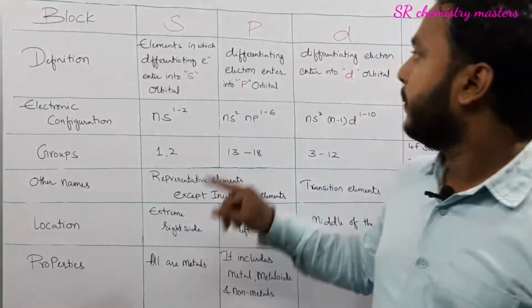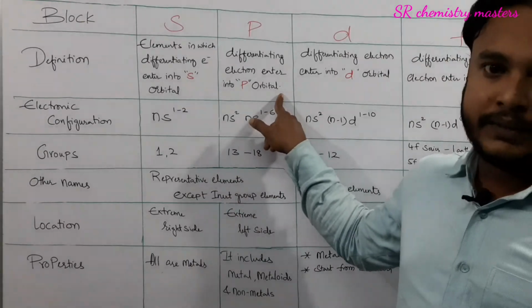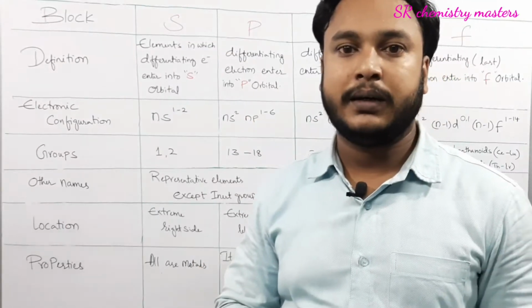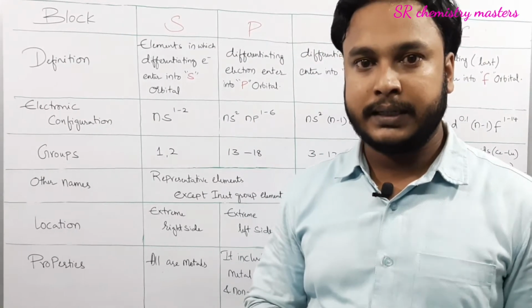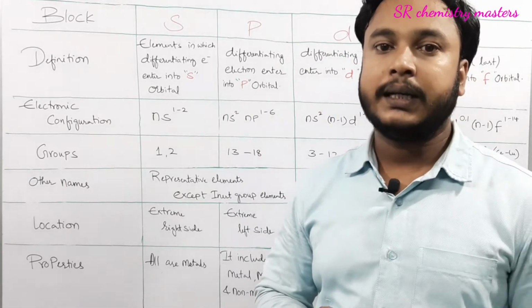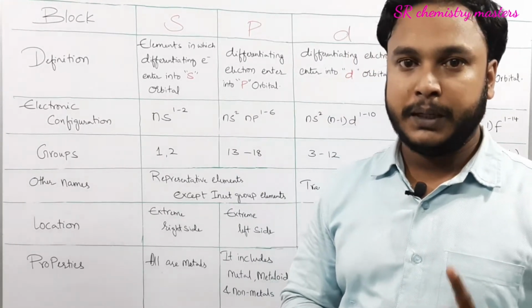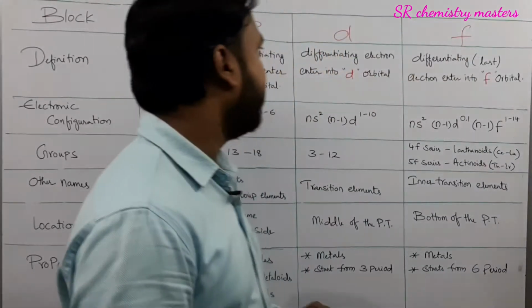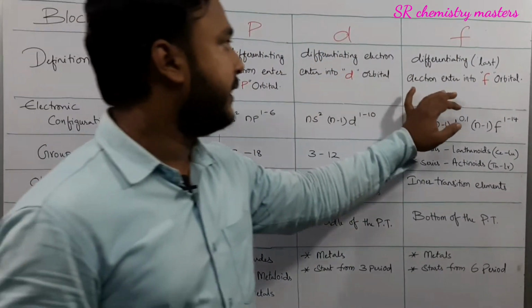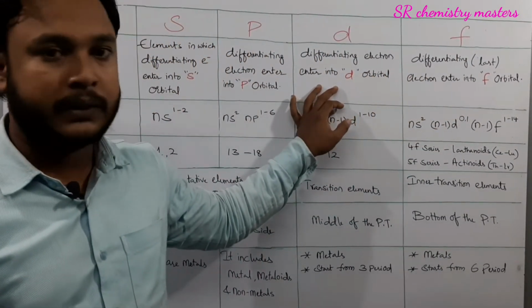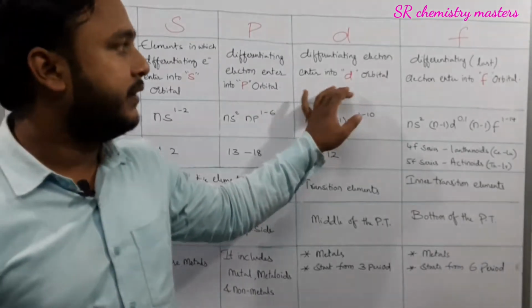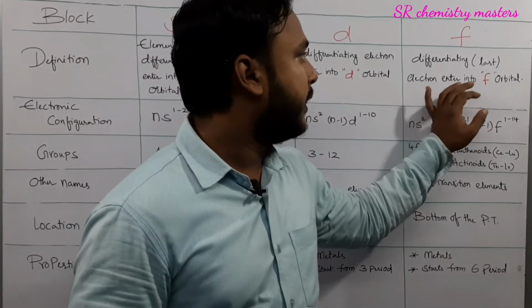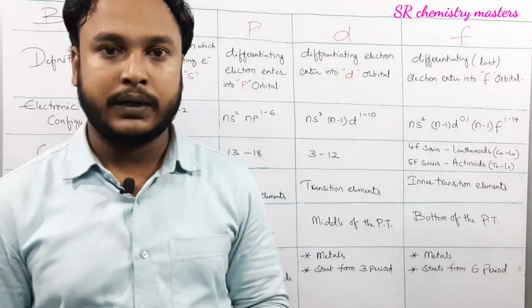In the same way, for P block elements, if the differentiating electron, or the last electron, enters into the p orbital, that element is considered as a p block element. In the similar way, if the differentiating electron enters into the d orbital, then it is a D block element. If the differentiating electron enters into the f orbital, then it is an F block element.